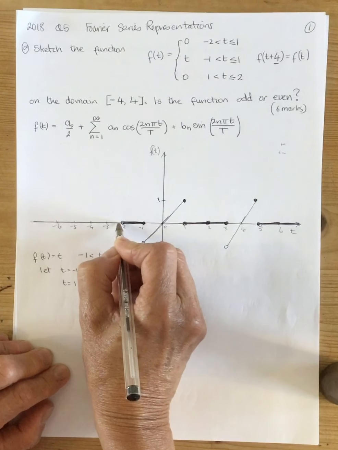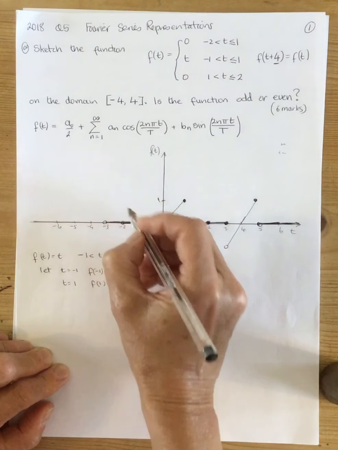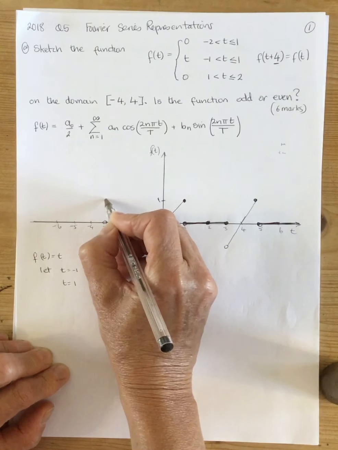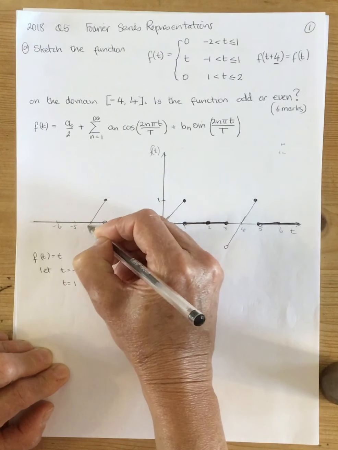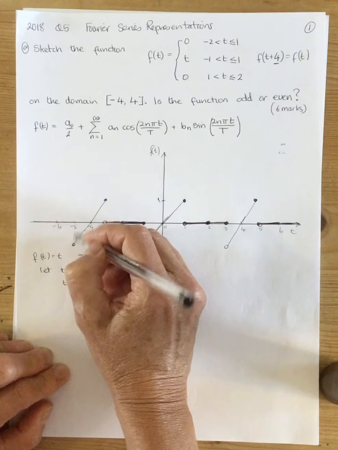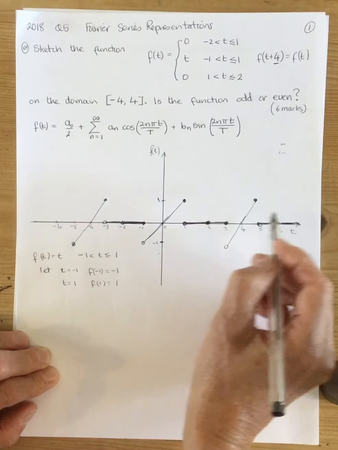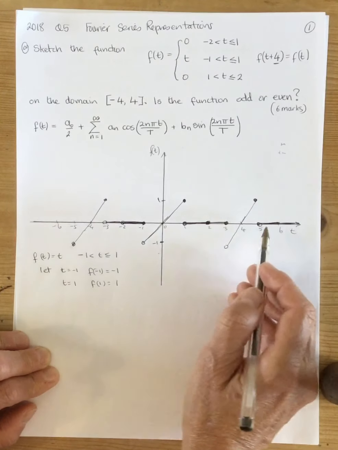Going back, we have hollow dot, up at a height of 1, solid dot, down through -4, and a hollow dot down here corresponding to 5 at a depth of -1, so a wee bit low. And these should all be parallel.